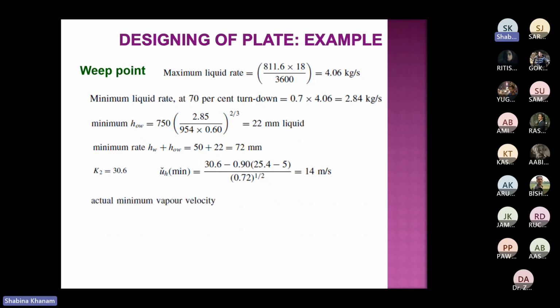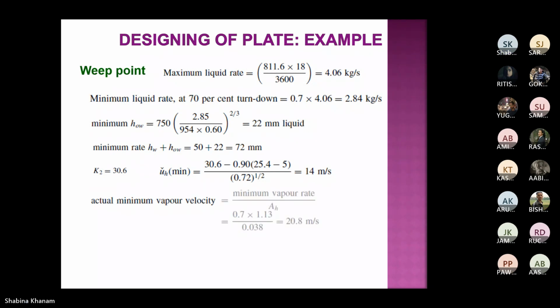So the design velocity we are considering for vapor should be more than this. Okay. So the actual minimum vapor velocity we need to consider as minimum vapor rate by AH. We consider the minimum because if the condition is satisfied at the minimum value, it will be satisfied at higher values also. Okay, so we need to check with the minimum vapor rate only.